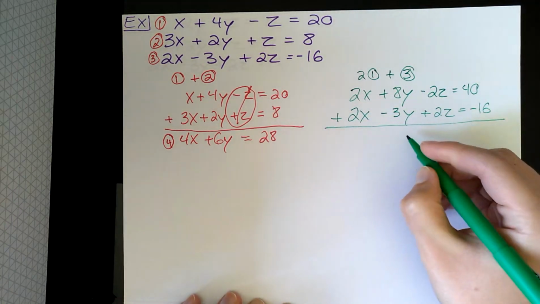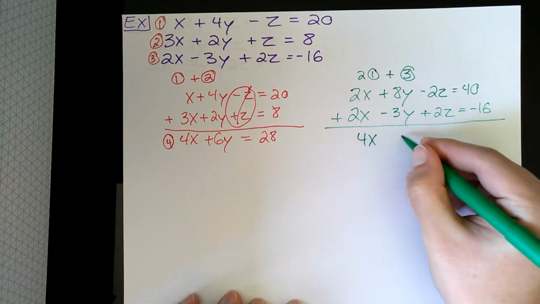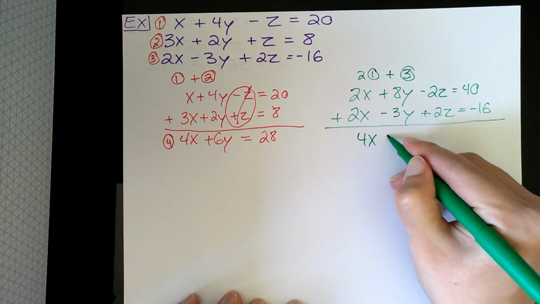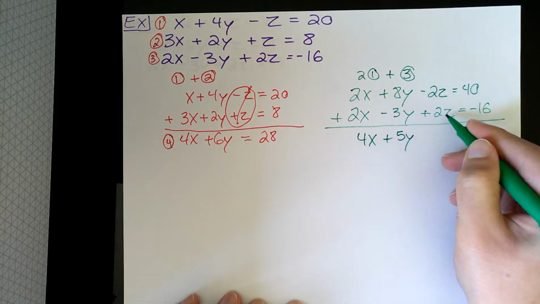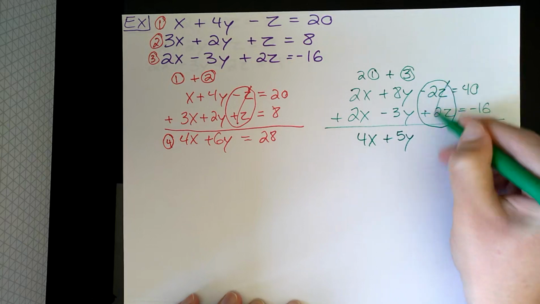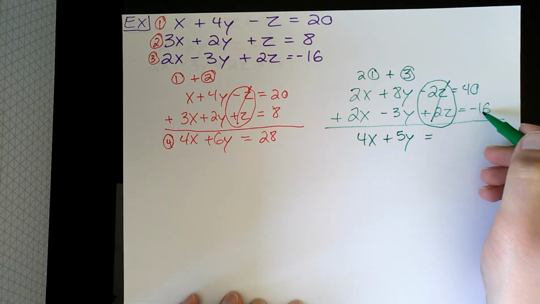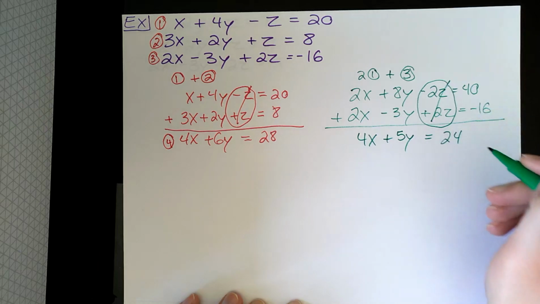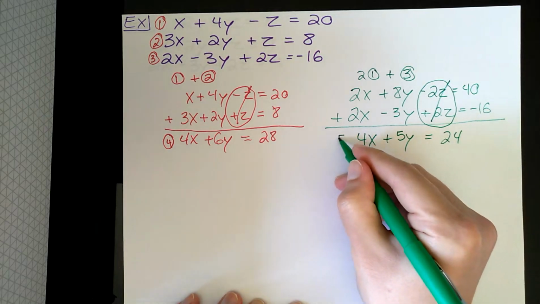And adding these together, 2x plus 2x is 4x. 8y minus 3y is plus 5y. Negative 2z plus 2z cancels out. And that's equal to 40 plus negative 16 gives us 24. And now this is equation 5.